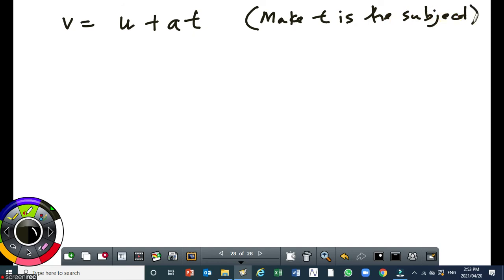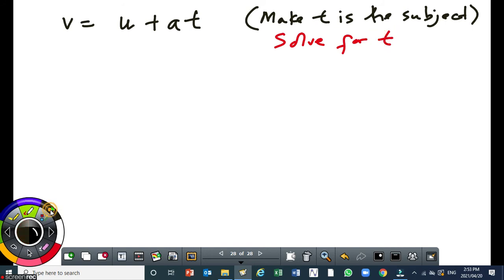Don't worry, it will be specified. Or another way to say it is solve for T. Let me use a different color there. We are solving for T. Solve for T, that's another way of asking the question.